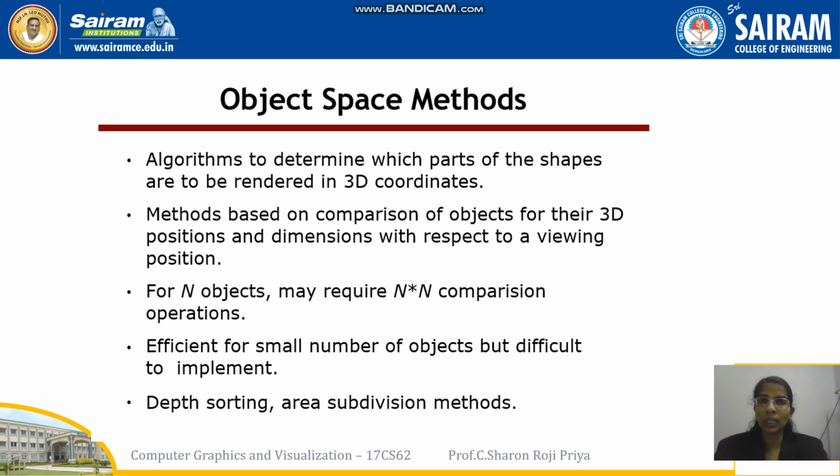I'll take an object, or part of the object, and find which object is close to the view plane, otherwise which object is visible. Here it may require n cross n comparisons, and it is for random display. Some examples are depth sorting and area subdivision methods.